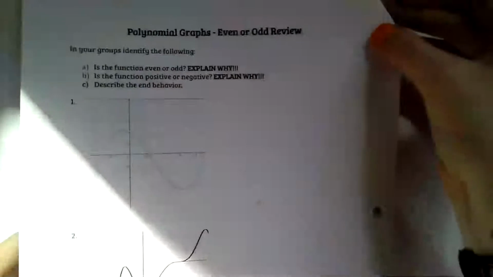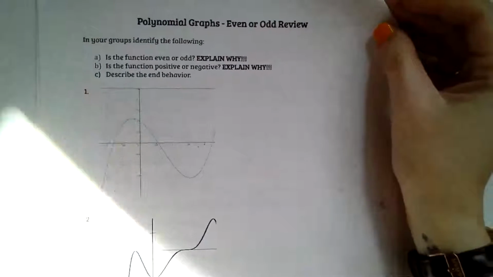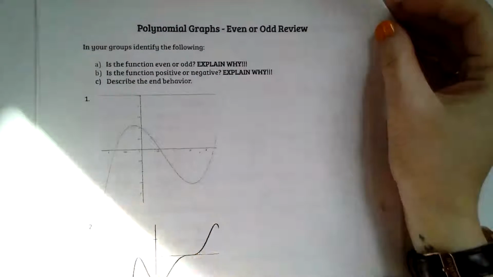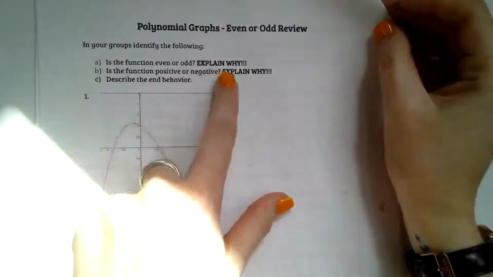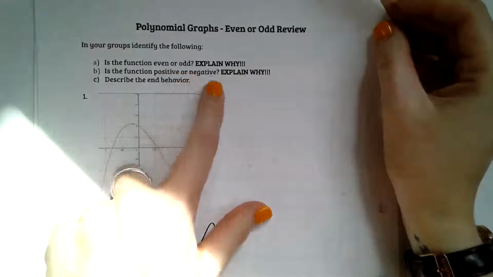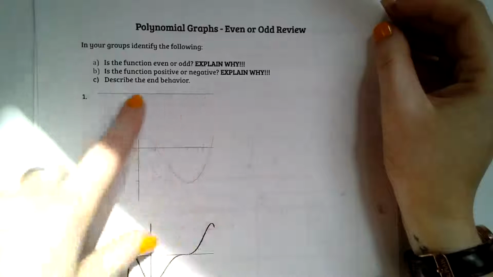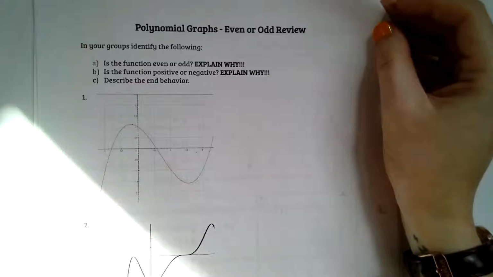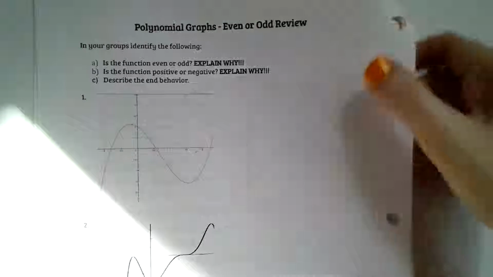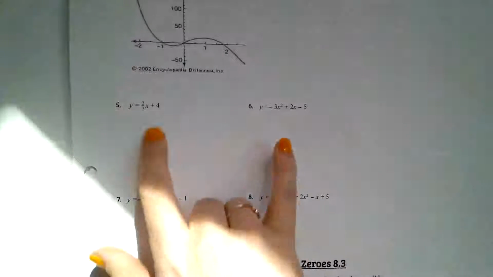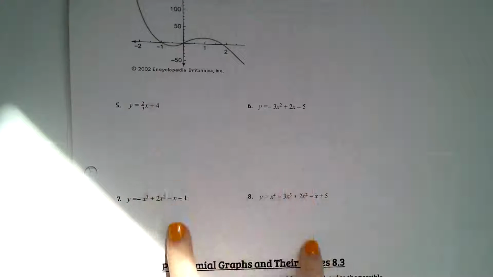Okay, so then you've got some review questions next. You need to explain why it is even or odd and positive or negative, and then describe your end behavior. And then over here you still need to find the leading coefficient and your degree for these ones.